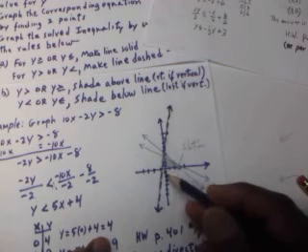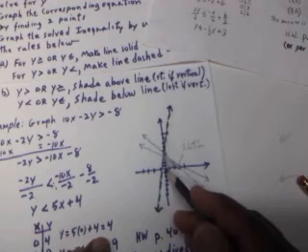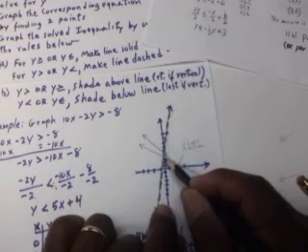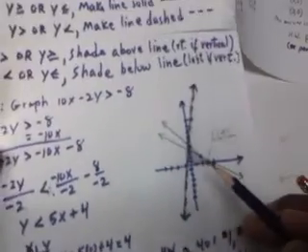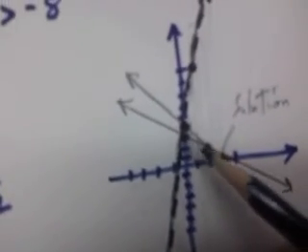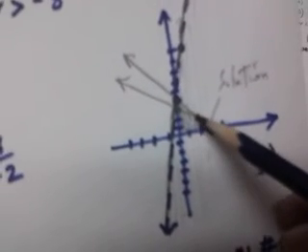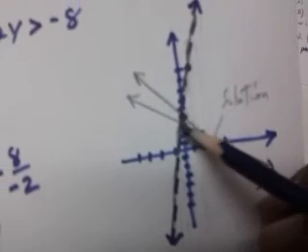You usually get 0 when you put those in there. So we need to check this point here, and this point here. They are the vertices or the corners of the solution.